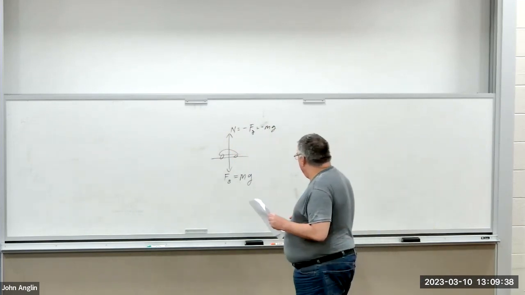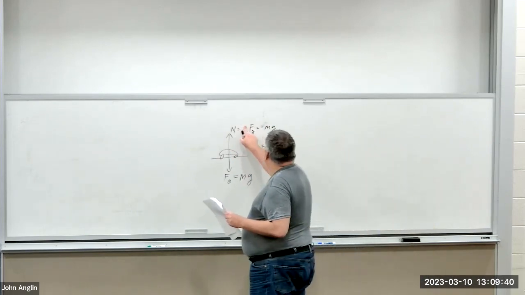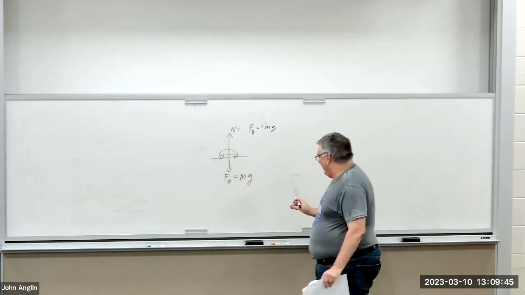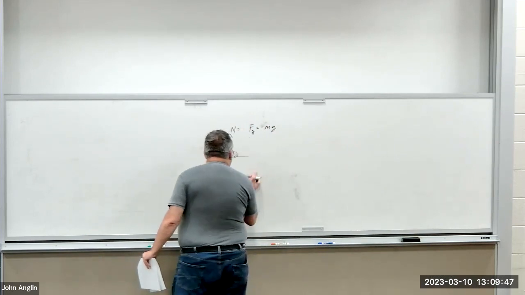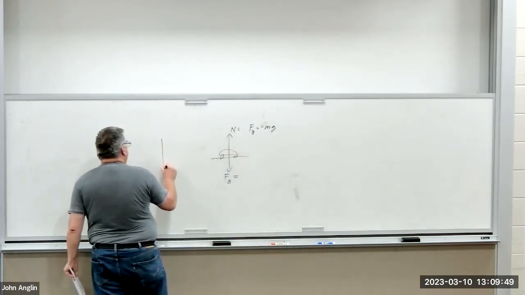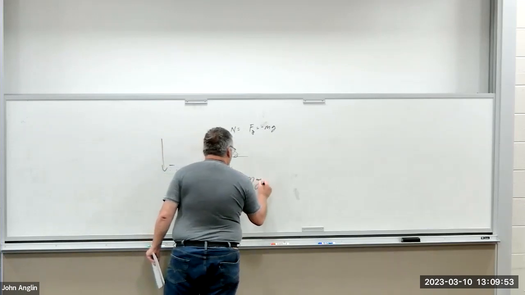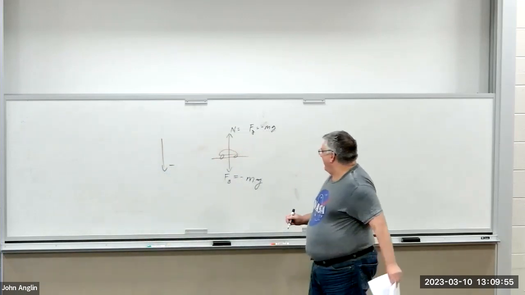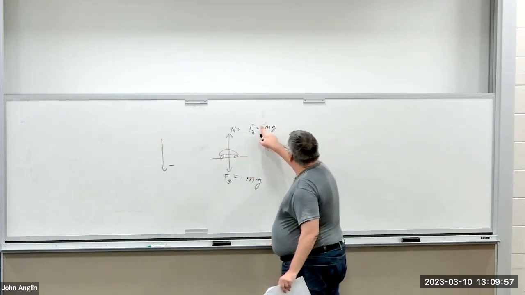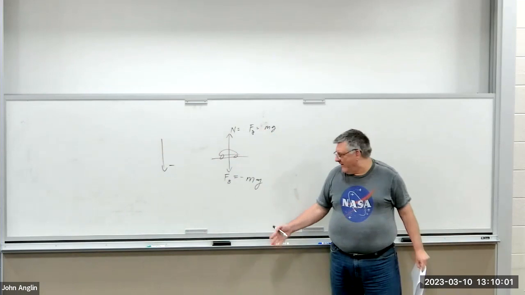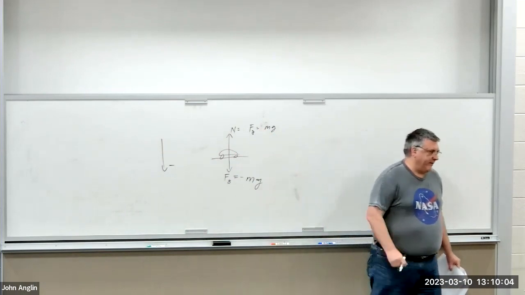Let's say, just to keep things in a frame of reference we understand, that down is our negative direction. So that makes the force due to gravity a negative mg. The opposite of that would be positive mg. Gravity acts downwards, thus we have a negative acceleration vector.